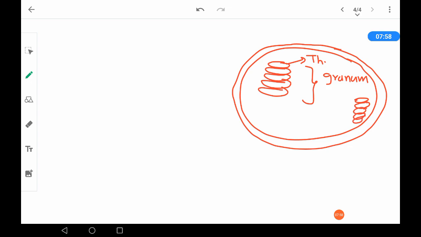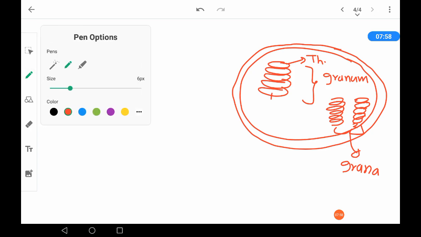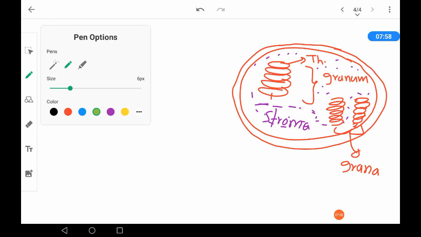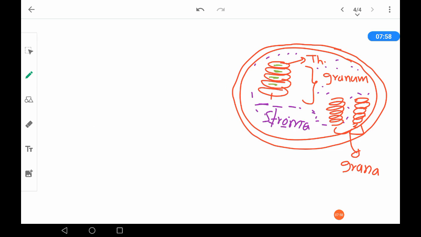So this is the first, this is the second, and maybe we have the third, and to all of them we called grana, plural of granum. The second part of the chloroplast is the liquid part that's found everywhere in the chloroplast. We called it stroma. And inside the thylakoid we said that it contains chlorophyll, I will write CH.